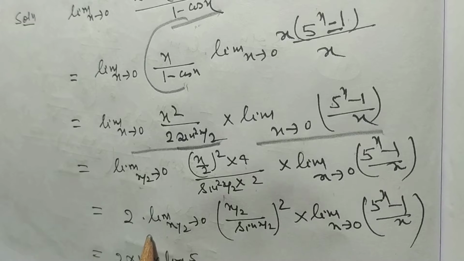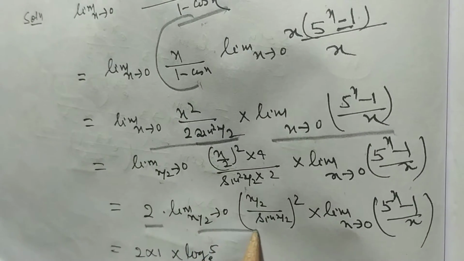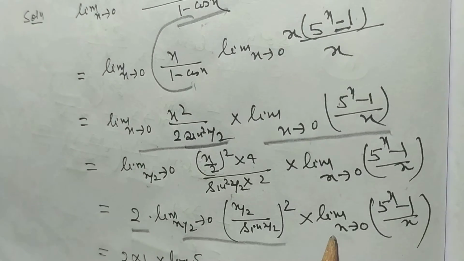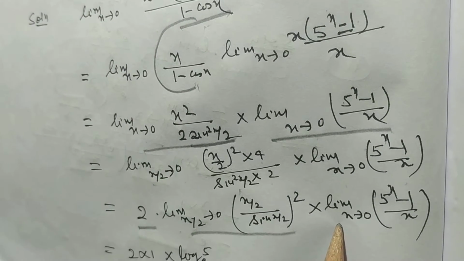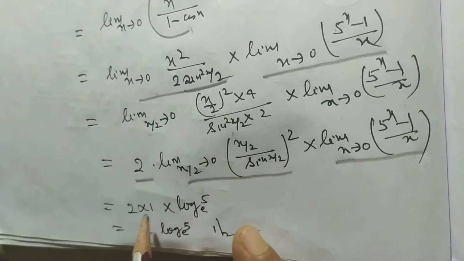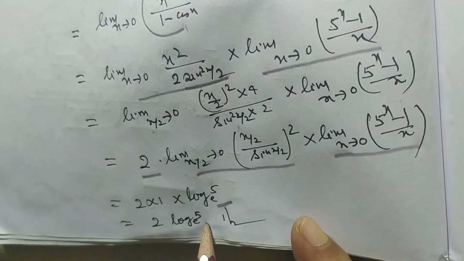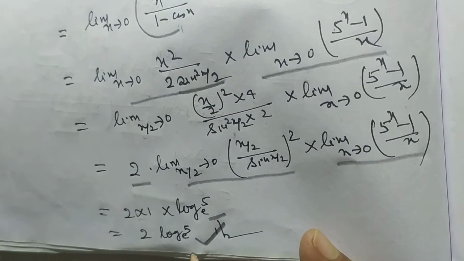And the value of it will be 2 into limit x by 2 tends to 0, x by 2 by sin x by 2 whole square, and limit x tends to 0, 5 to the power x minus 1 by x. So it is 2 into 1 into log 5 to the base e. So 2 log 5 to the base e.